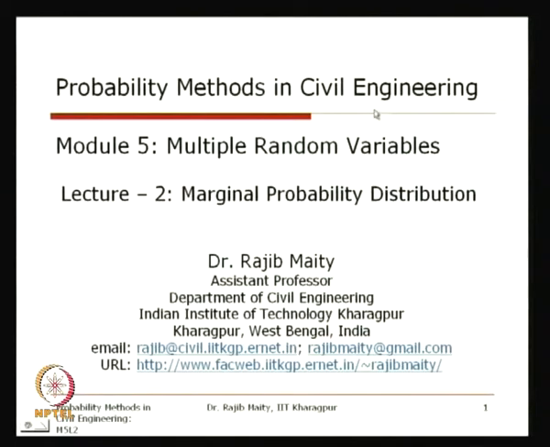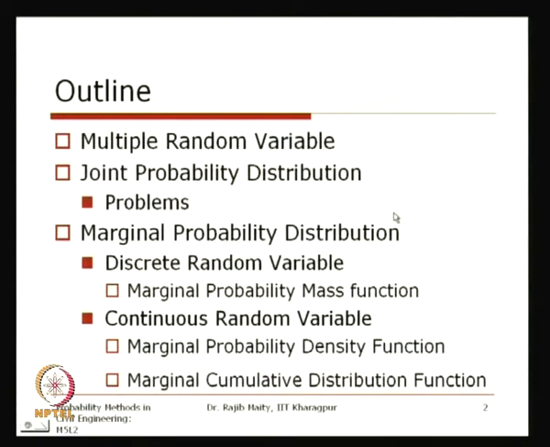So our today's lecture is on this marginal probability distribution. The outline of today's lecture is as follows: the multiple random variable that we discussed in the last class was a joint probability distribution.